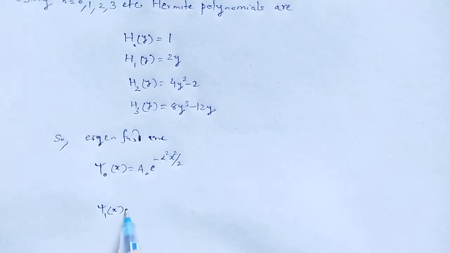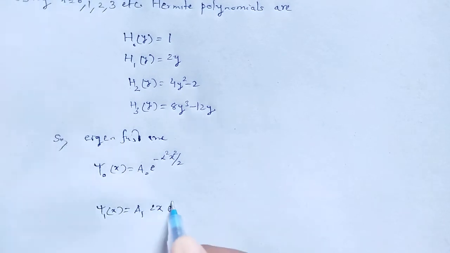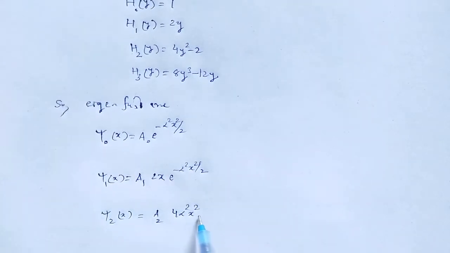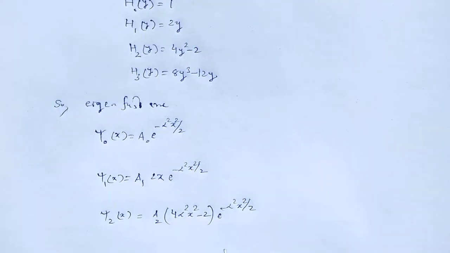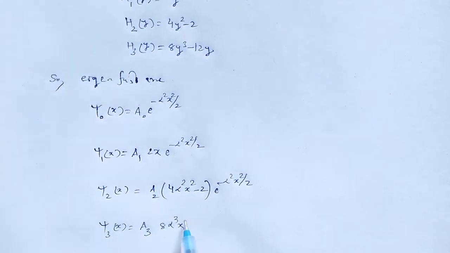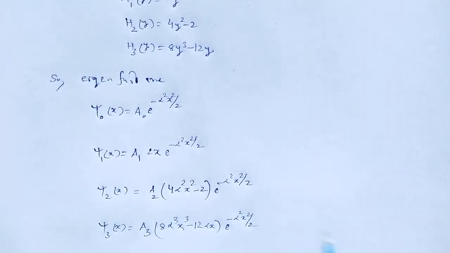Then psi 1 of x, that is A1 times 2 alpha x e to the power minus alpha square x square by 2, and psi 2 of x, A2 times 4 alpha square x square minus 2 e to the power minus alpha square x square by 2, again psi 3 of x, A3 times 8 alpha cube x cube minus 12 alpha x e to the power minus alpha square x square by 2.